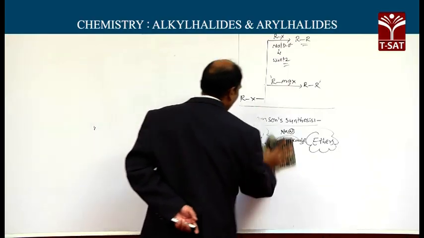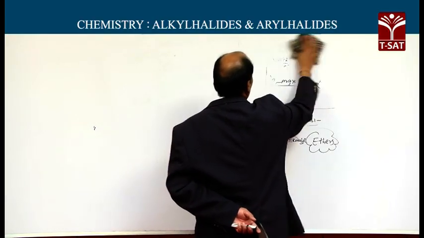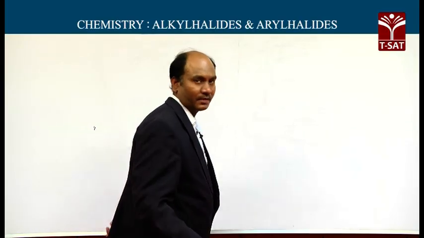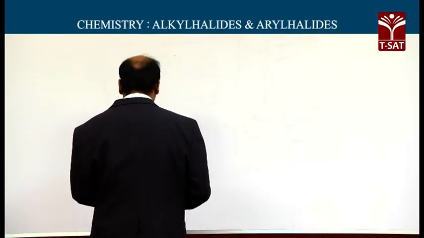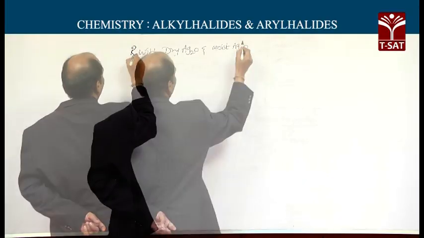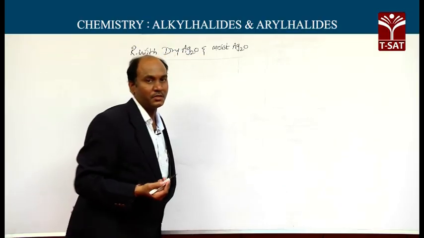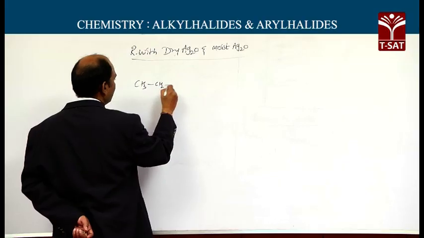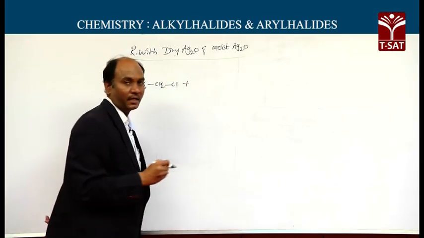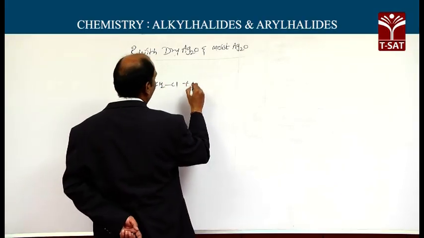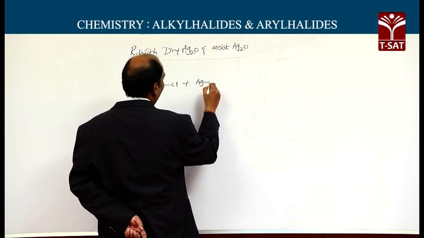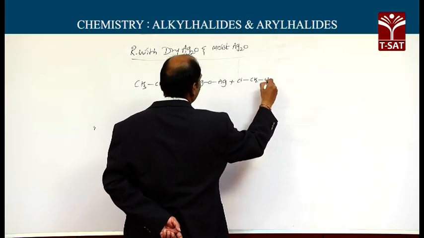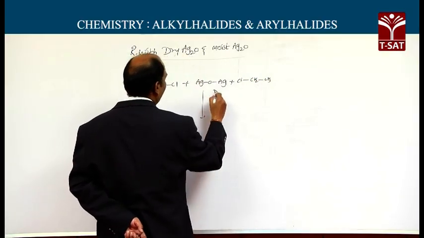In this one, if an alkyl halide is treated with dry Ag2O, what happens, and with moist Ag2O, what happens? See here, suppose we take CH3CH2Cl. If it is treated with dry Ag2O, take one more molecule of ClCH2CH3.